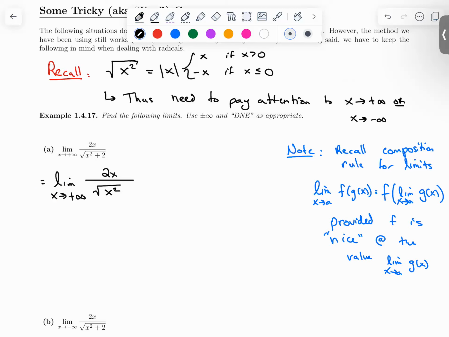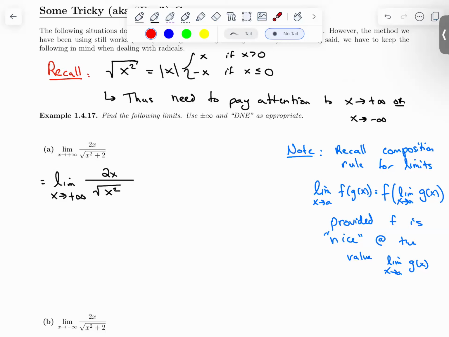Now take a second to understand why that's true. Convince yourself of it. Why can't I just make it the square root of x squared plus 2? Take a second to think about that. We're approaching infinity, which means that plus 2 isn't going to do anything. 1 million squared plus 2 is virtually indistinguishable from 1 million squared.